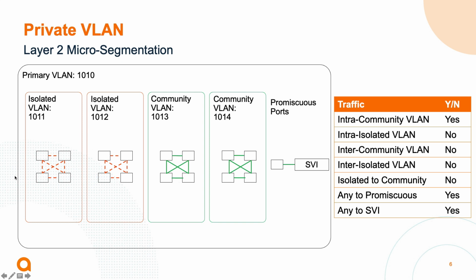So ports inside the isolated VLAN cannot talk to each other. However, ports on a community VLAN can talk to each other. However, between sub-VLANs or secondary VLANs, there is no communication. So a port on a community VLAN and a port on an isolated VLAN cannot talk to each other, and the same thing applies between two different community VLANs or two different isolated VLANs.